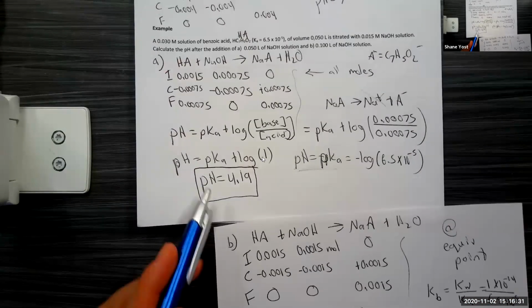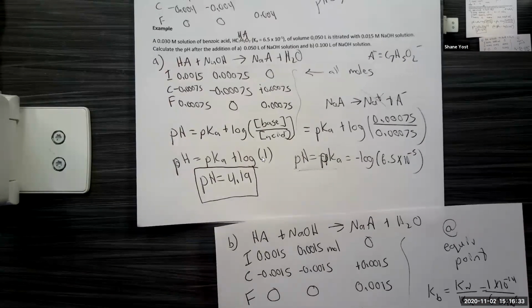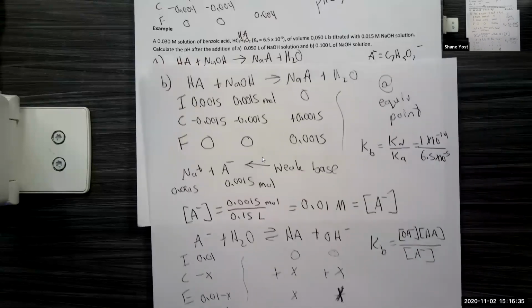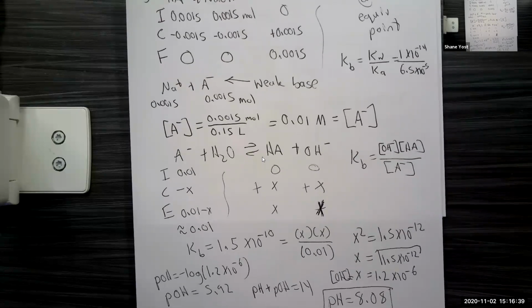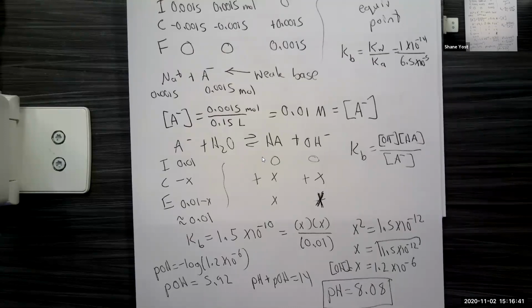Well, in part A, we used the Henderson-Hasselbalch equation because we had both the weak base and the conjugate acid. Okay? Questions about this example, how we did what we did, why we did what we did? The steps are fairly straightforward in these problems: react your acid and base together, figure out what you have left in solution, and calculate the pH based off of what's left in solution.